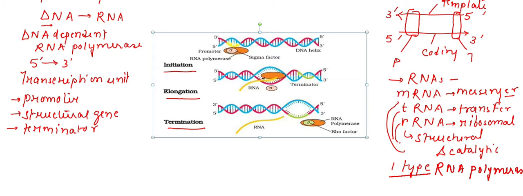And when the RNA polymerase enzyme, along with the short stretch of nascent RNA, reaches the termination sequence, then the RNA polymerase detaches along with the stretch of RNA which is formed in the elongation phase. So in the elongation phase, the polymerization occurs, where the nucleotides join together and the RNA strand is formed. So that is how transcription occurs in the prokaryotes.